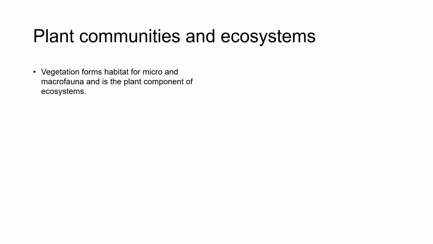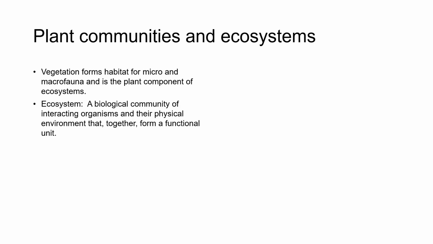A more holistic approach, though, might be to think of plant communities as just the plant component of whole ecosystems. An ecosystem can be described as a biological community of interacting organisms and their physical environment that together form a functional unit.